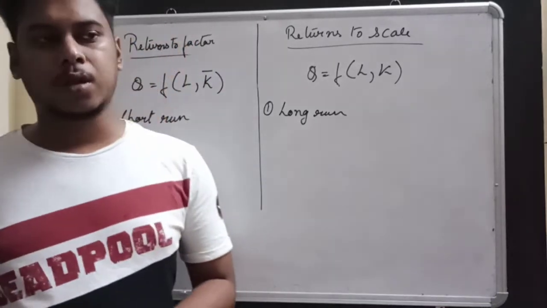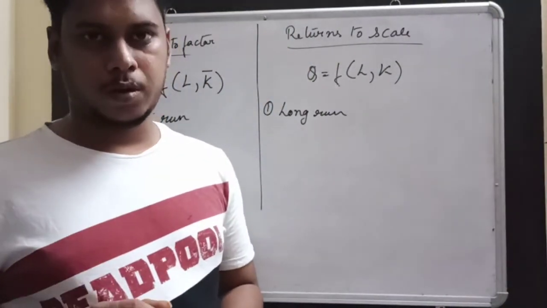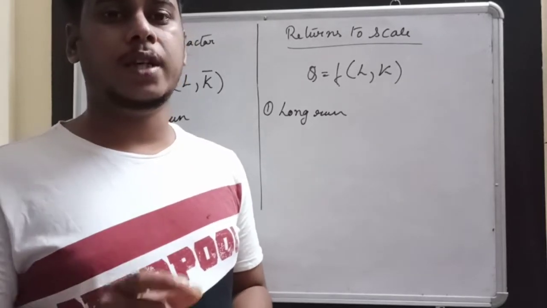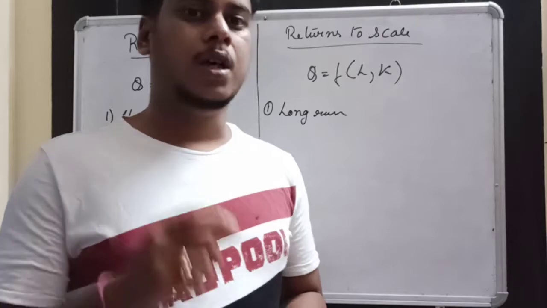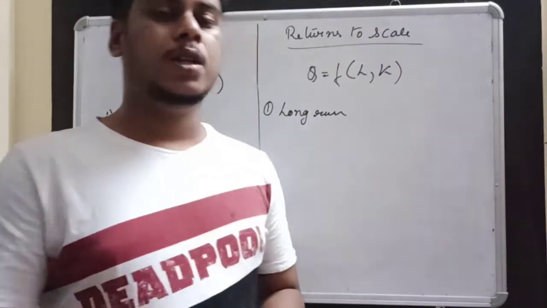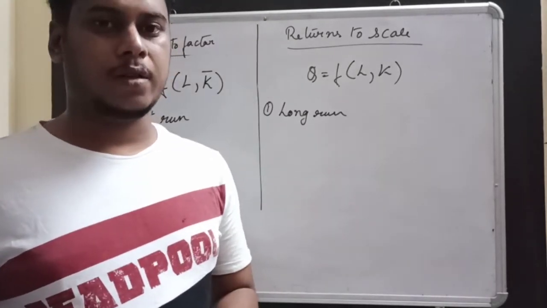Listen to my words. When the proportional change in the variable inputs is less than the proportional change in the output, then it is a case of increasing returns to factor.